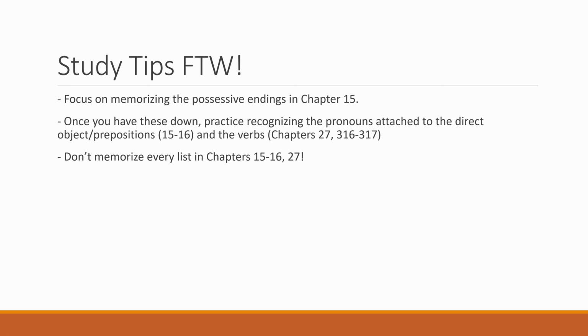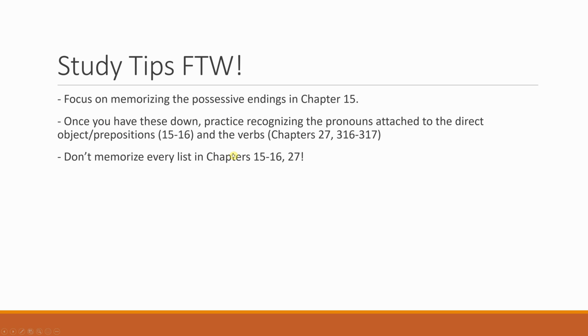For my money, I say focus first on memorizing those possessive endings, and I think that what you will find as you move on to direct objects and prepositions and even to the verbs in chapters 26 through 27, you will find that knowing those possessive endings from chapter 15 is going to help you immensely with learning the object and the direct object pronouns and the prepositional pronouns, and also the pronouns attached as suffixes to the verb. So you don't need to memorize every list. Focus, I say, on chapter 15 and then work out from there.